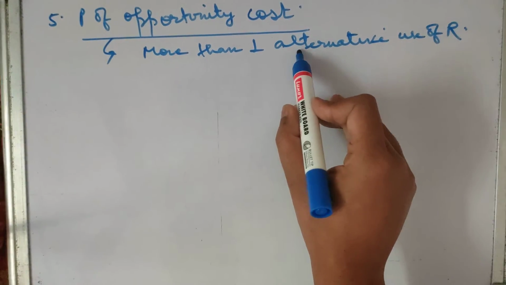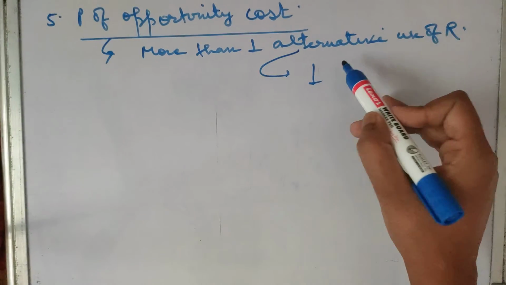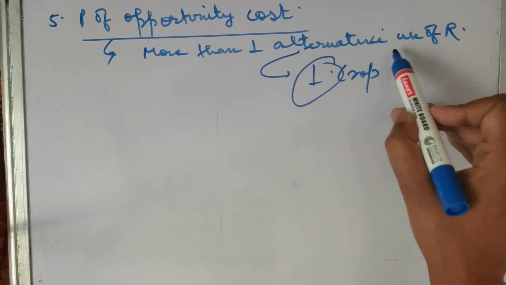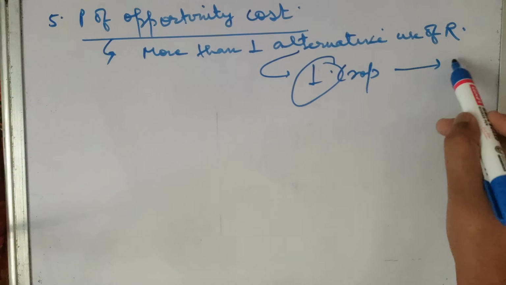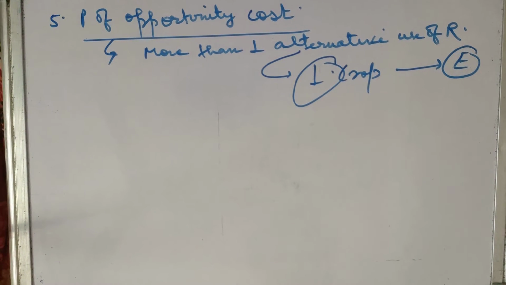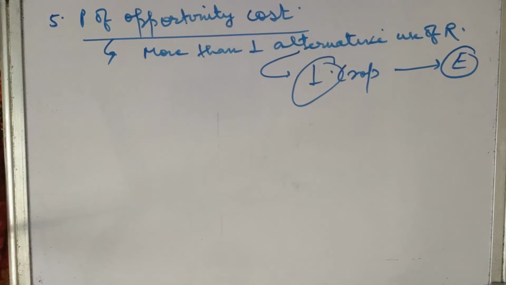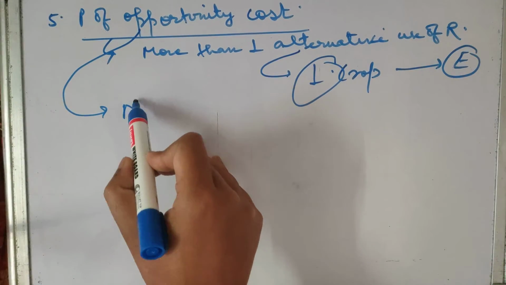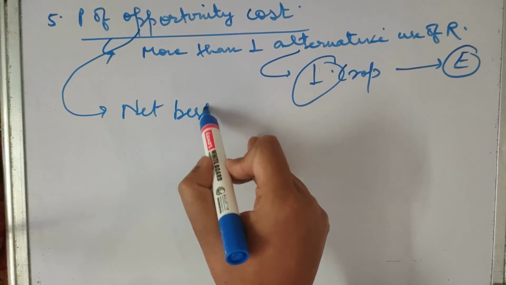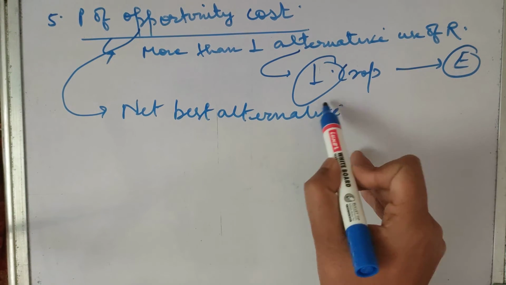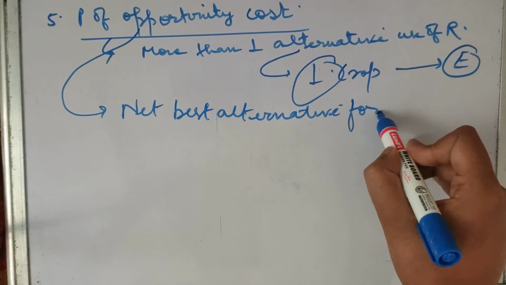When you use a resource in one enterprise, suppose in one crop, it is foregone. It cannot be used in another enterprise or another crop, because it has been used in one. So the opportunity cost is the value of the next best alternative foregone, that has gone.